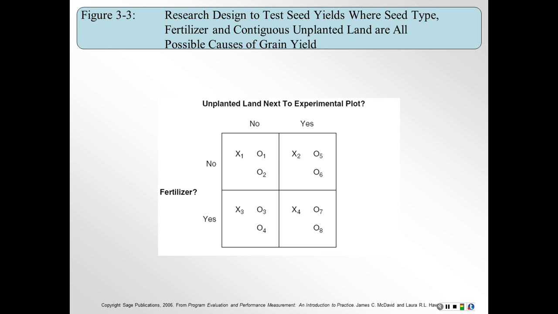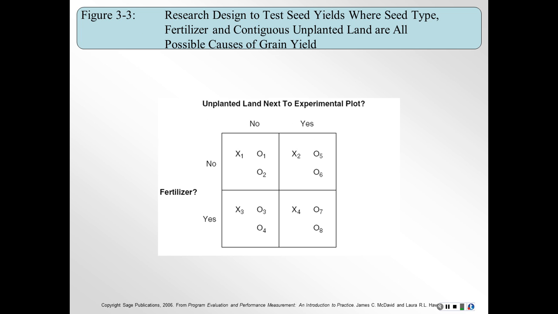Figure 3-3 shows a more complicated design in which each cell of the diagram contains a different set of experimental conditions. For example, in the upper left cell of the table, two sets of seeds have been planted.